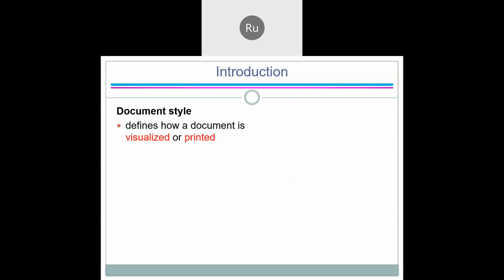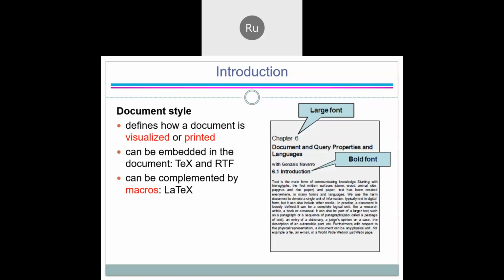When we talk about document style, it is basically what we have in a journal or textbook. For example, you have the chapter name, the title, and the introduction section. Normally when you want to submit your work, you always ask, do we have templates or any format to submit?